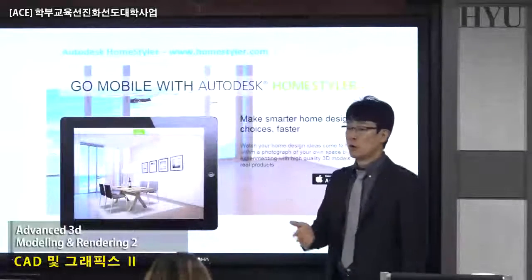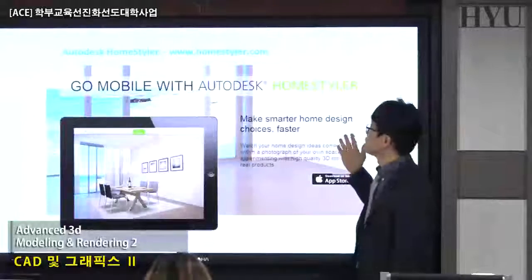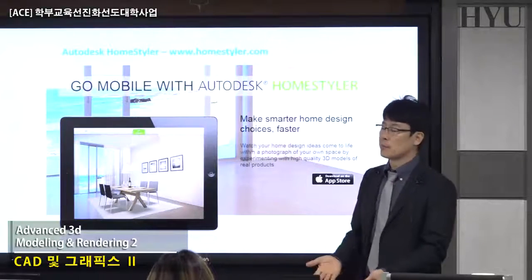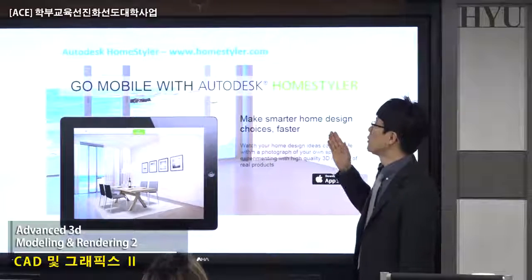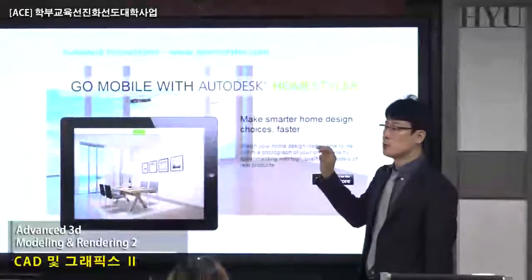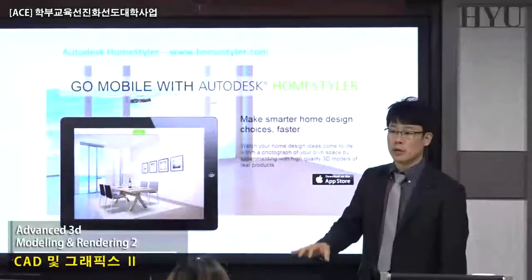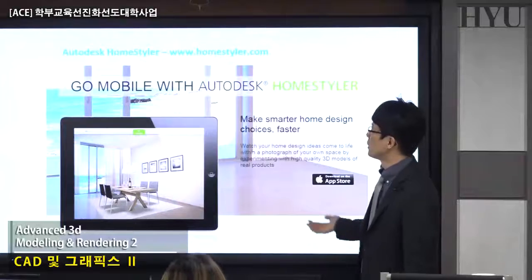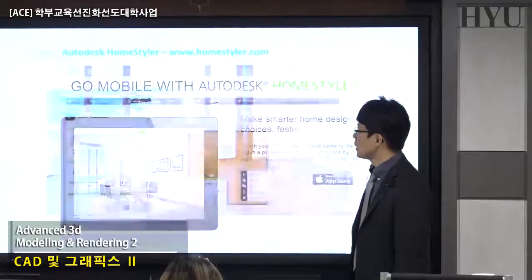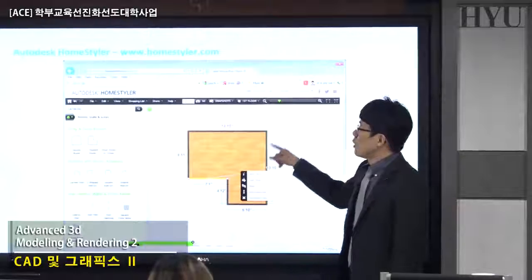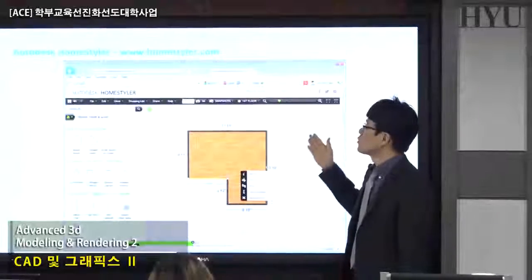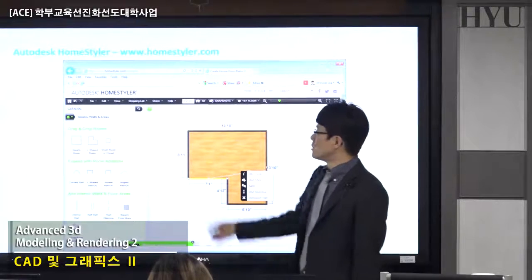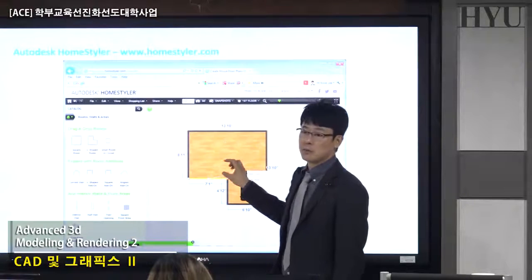Actually, last year when you were freshmen, I introduced you this one. At the time, there is this kind of application app, but now you can take a look at this one in terms of that comparison between geometric modeling and information modeling, object-based modeling, homestyler.com. This is web browser version of Homestyler. In this Homestyler, after logging in this website, you can find out there is some design editing mode.